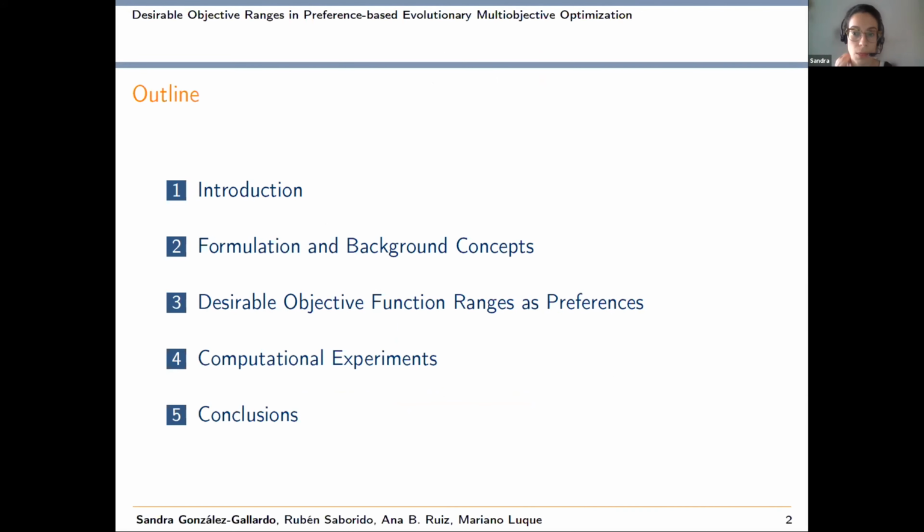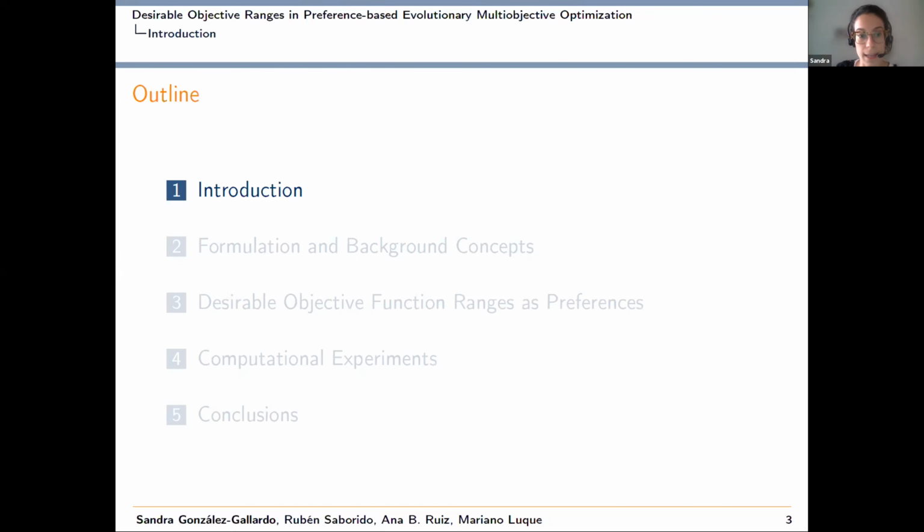In section number 3, I will define the new preference-based evolutionary multi-objective optimization algorithm, and then I will design the computational experiments and the results. Finally, I will summarize the main ideas of this presentation and the future research lines in the conclusion section.